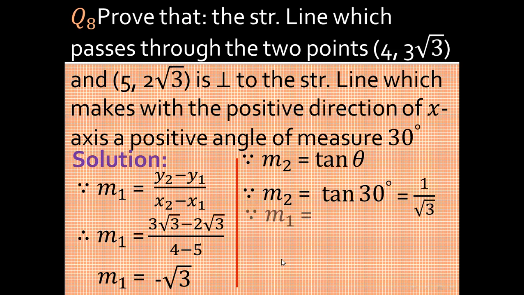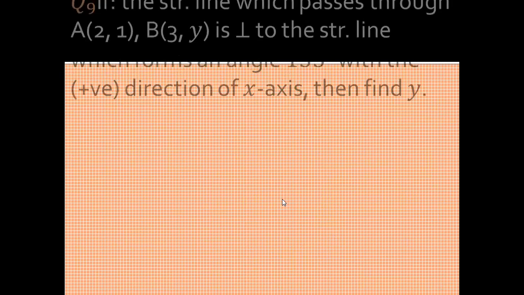If we take the product of the two slopes, it's going to be -1, or we can deduce that m1 equals -1 over m2, because m1 equals negative root 3. If we take the reciprocal of negative root 3 and multiply by -1, it's going to be 1 over root 3. That means the first straight line is perpendicular to the second straight line.